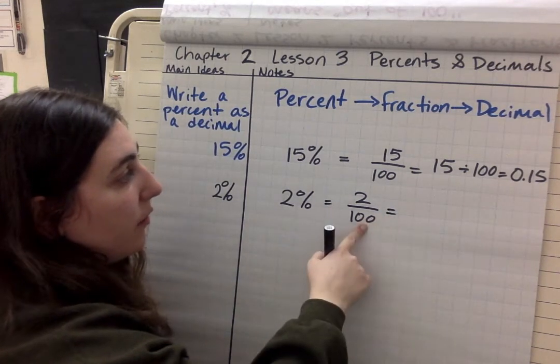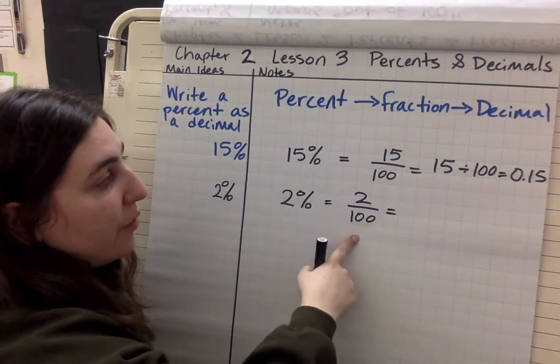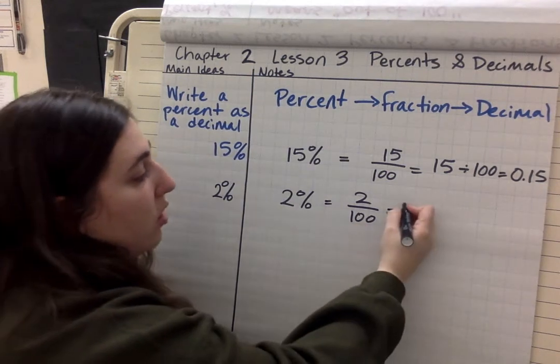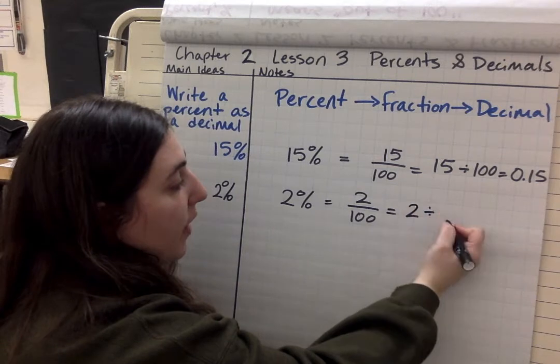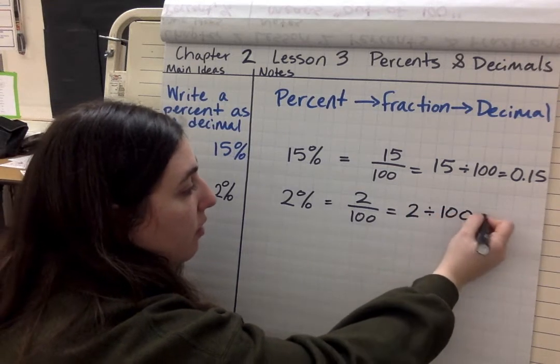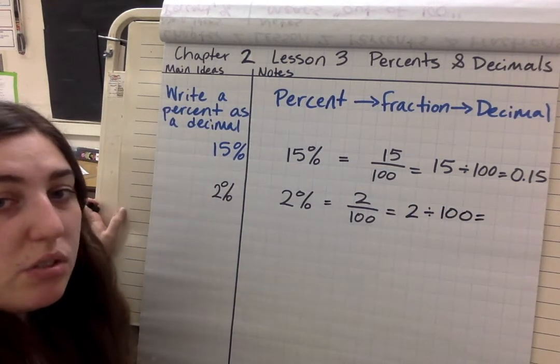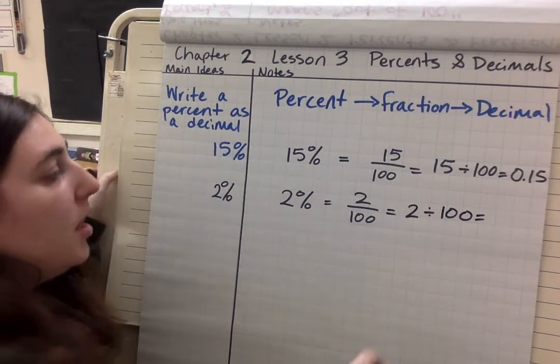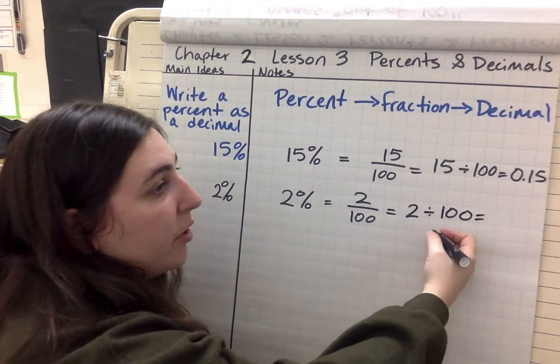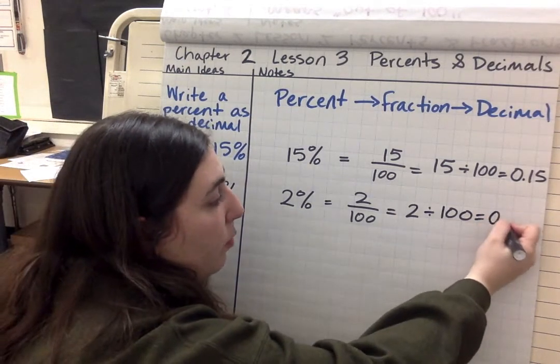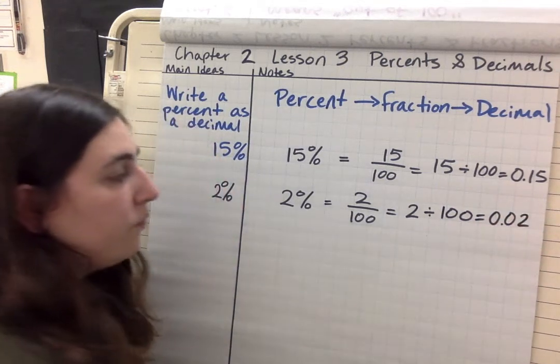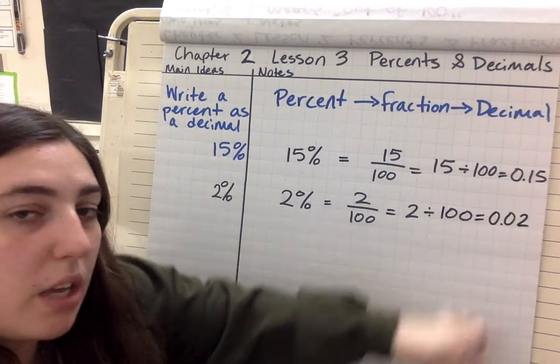And then we need to convert this fraction, or write this fraction as a decimal. So we're going to do numerator divided by denominator. And please use a calculator if you need one. 2 divided by 100 in your calculator, you'll get 0.02. And that's our decimal. Okay, that's our answer.